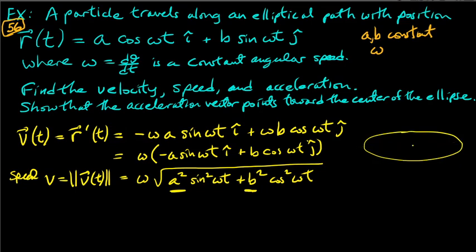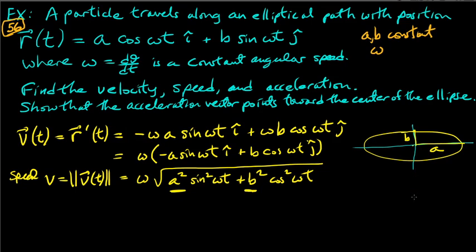I should probably use a different color for that. So A is the distance from the center to the vertex. B is the distance from the center to the covertex. And this is A. So if A and B are equal, you just get a circle.